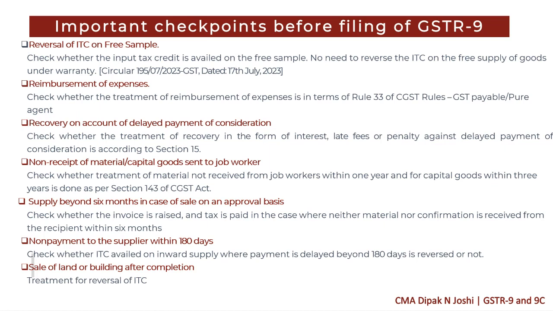Rule 42 is about reversal of ITC on inputs and input services. Rule 43 is about reversal of ITC on capital goods, right? So one should check that in case of sale of land or building after completion, the treatment for reversal of ITC is appropriately given in the returns.